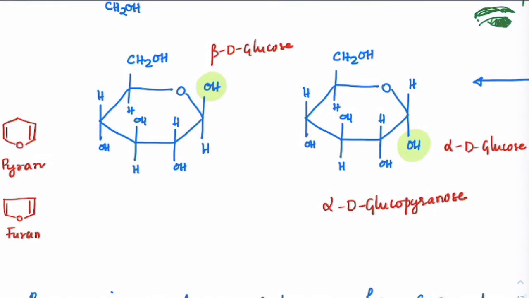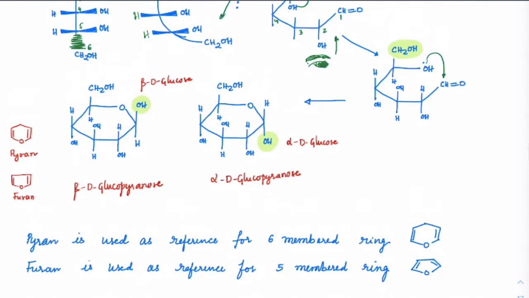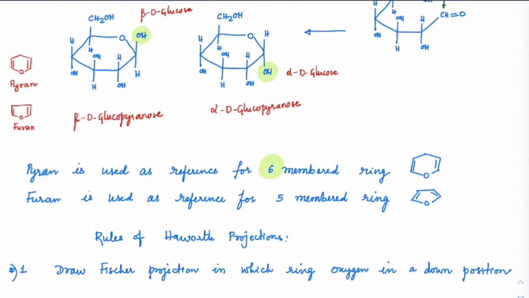Similarly, this would become beta D glucopyranose. What is alpha D glucopyranose and beta D glucopyranose? Pyran is a 6-membered ring, so you can see that it is a 6-membered ring and it is coming with the reference of pyran. If it is a 5-membered ring, then the name will come in reference to furan.